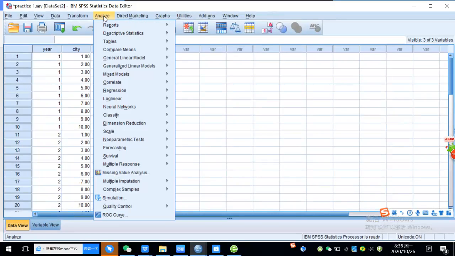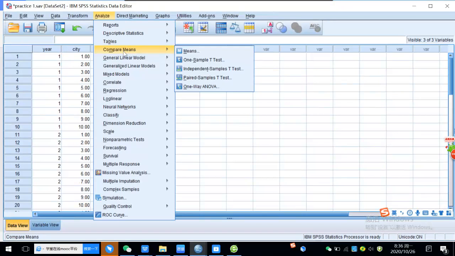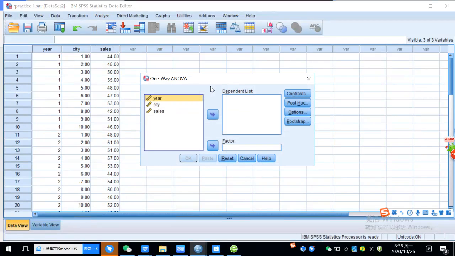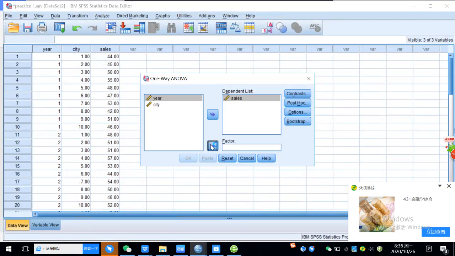Use Analyze here, Compare Means, One-Way ANOVA, because the first question is very easy. So here, the dependent list is the sales. The factor is year.